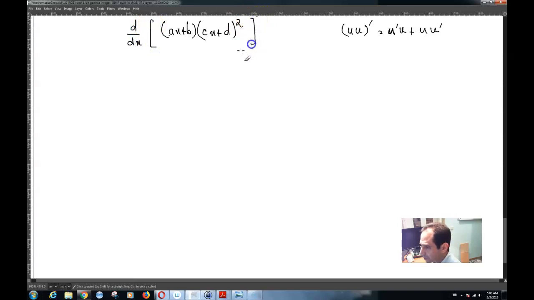of this function is equal to d by dx of ax plus b times cx plus d whole squared.